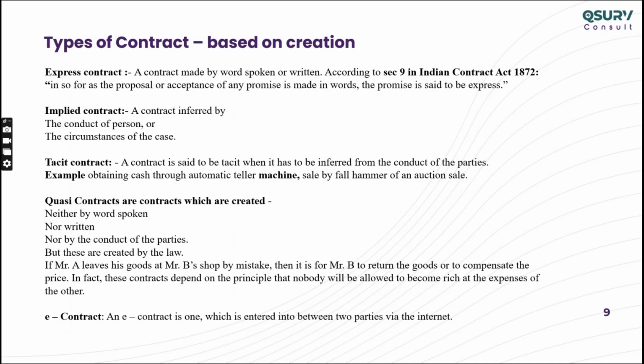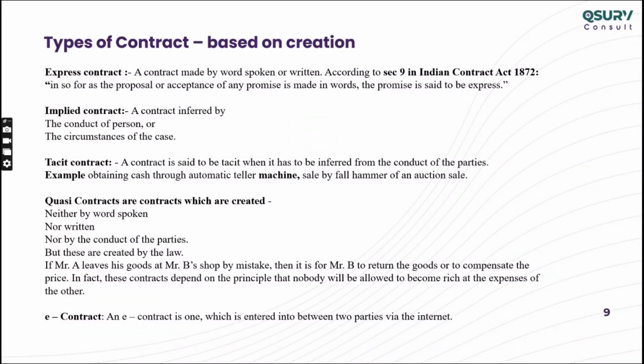When I show one finger, he will send me one sack of cement. If I show two fingers, he will send me two sacks of cement. So there is a contract between us. My actions and the circumstances show that I want something, he supplied it, and I pay. This is called implied contract.